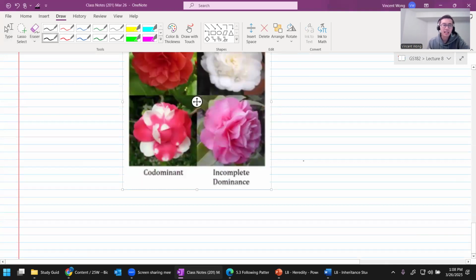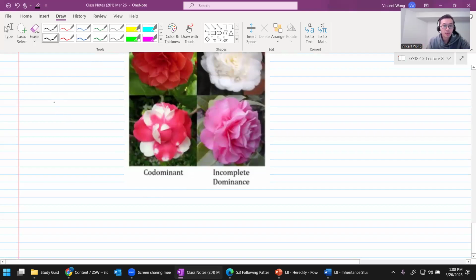It's easier if I just give you examples rather than writing out the definition. Everything we've done so far is dominant and recessive. You either have the dominant trait or the recessive trait. But in some situations it's codominant, and the question will tell you that it's codominant, so you don't have to guess which one it is.